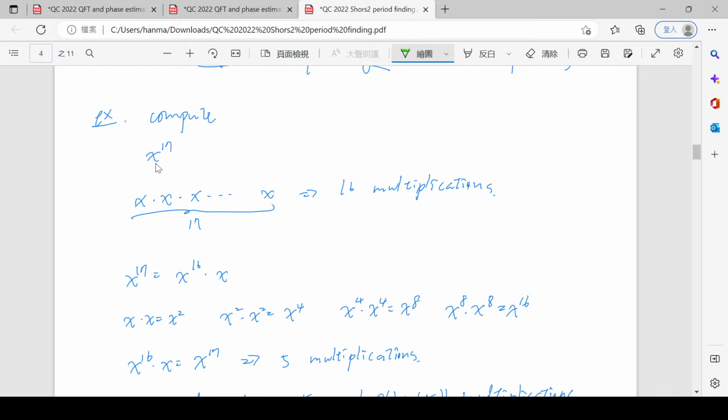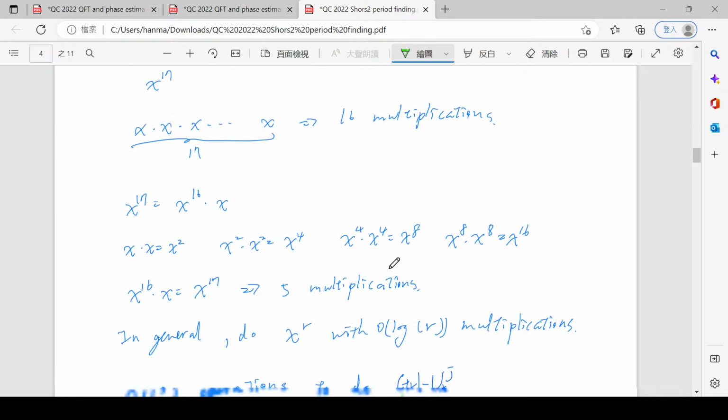If you want to calculate some number to the 17th power, the dumbest way is x times x times x, doing multiplication. You write down a sequence of 17 numbers, then you need to do 16 multiplications, just 17 minus 1. And that's a lot of multiplication.